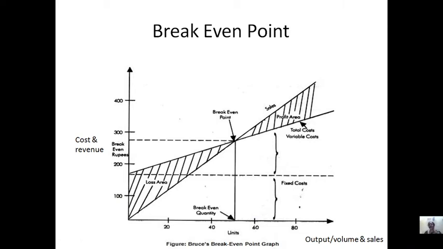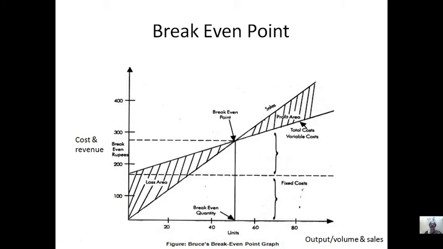Here we have to consider the sum of fixed cost and variable cost, which is total cost. And this is the total revenue curve. From this corner we have to draw the total revenue curve.